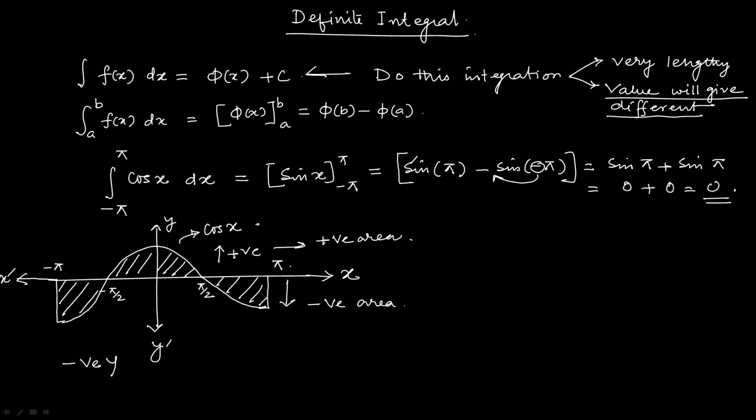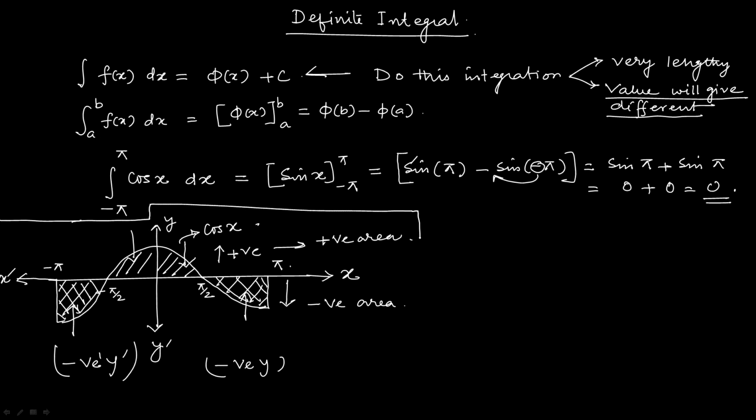So the area will always be negative. Actually this area I have made like this is the negative of this one. Whatever positive is given by this one, the same negative is given by this one. So sometimes it will give you 0.